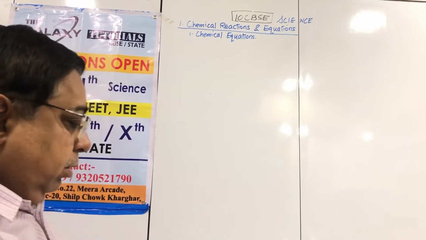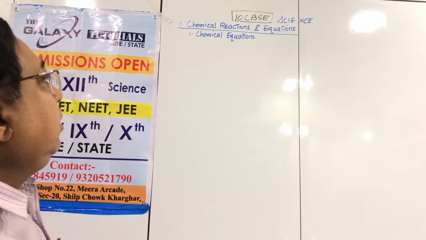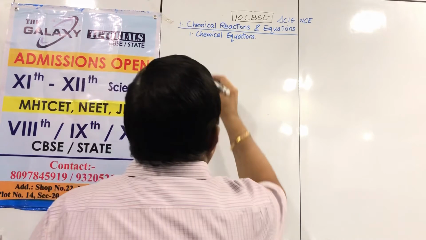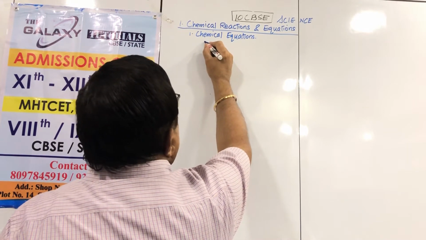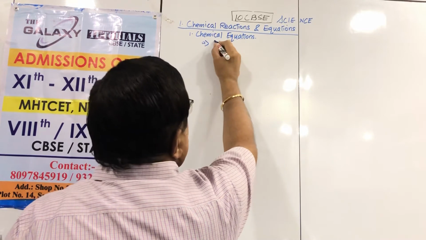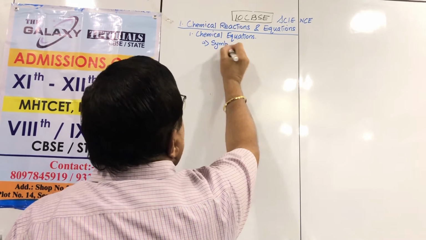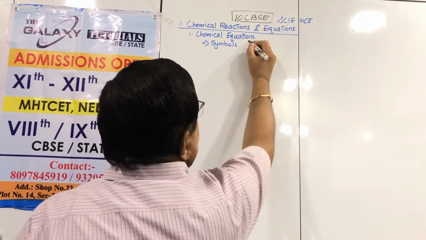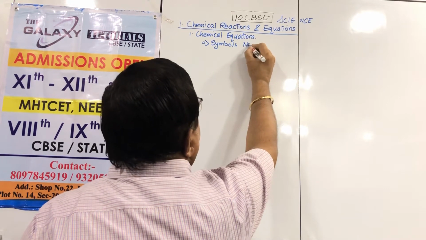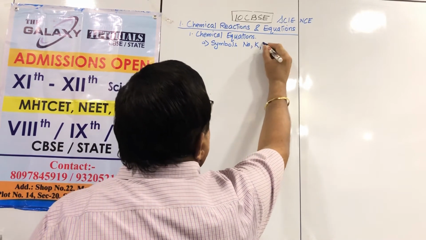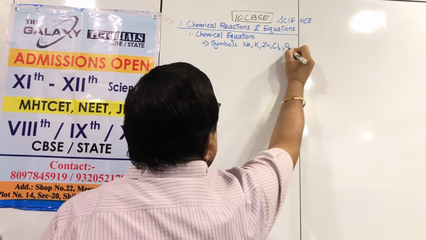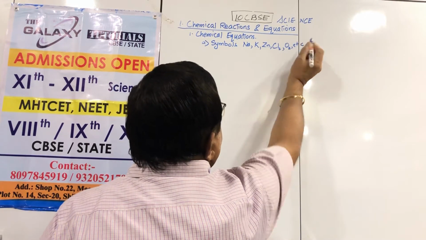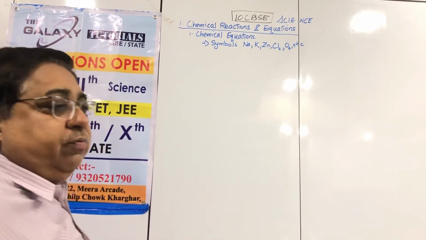In chemical equations, first, we will have to use symbols of elements. So I will use sodium, potassium, zinc, chlorine, oxygen, etc. Symbols will have to be used.